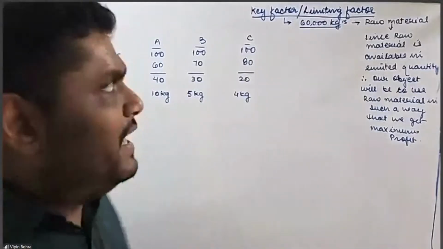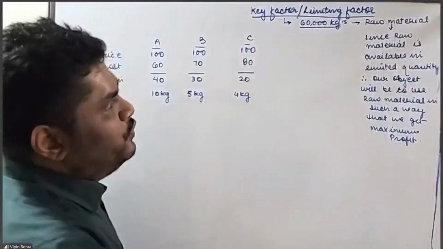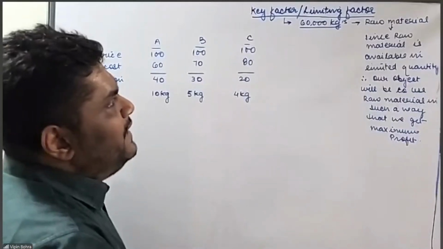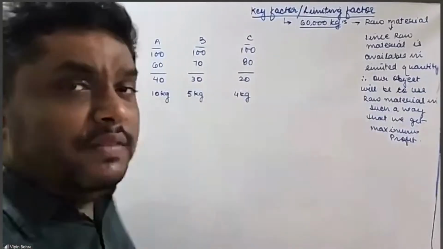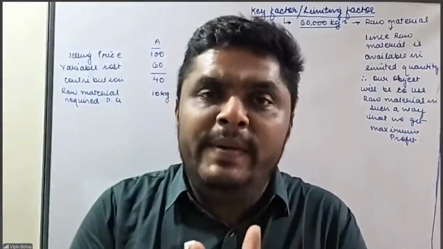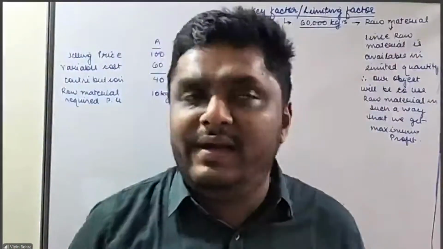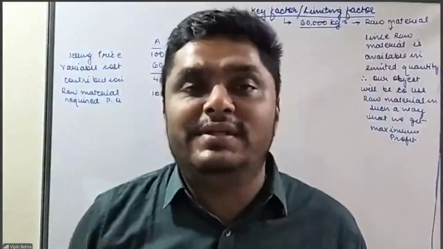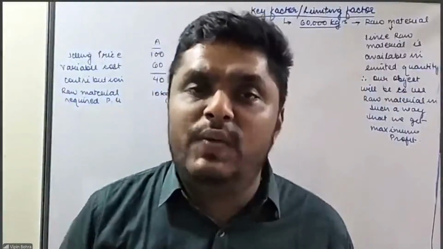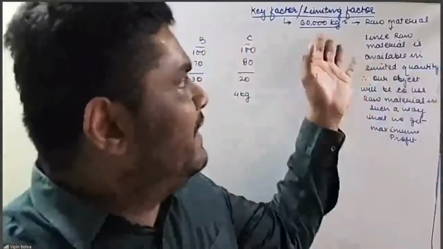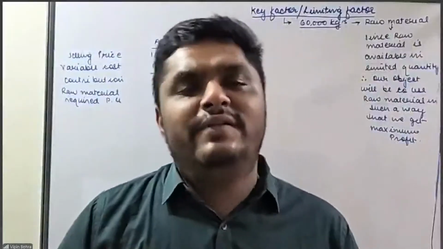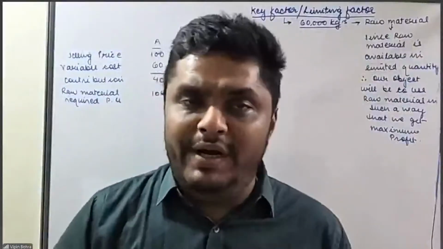I repeat again, guys, for the students who have joined a bit late, we have started with key factor or limiting factor, the resource which is available in a very limited quantity. Here, my raw material is available only 60,000 kgs, even though my requirement is 1,50,000 kgs, due to either the war situation or COVID, whatever it is.